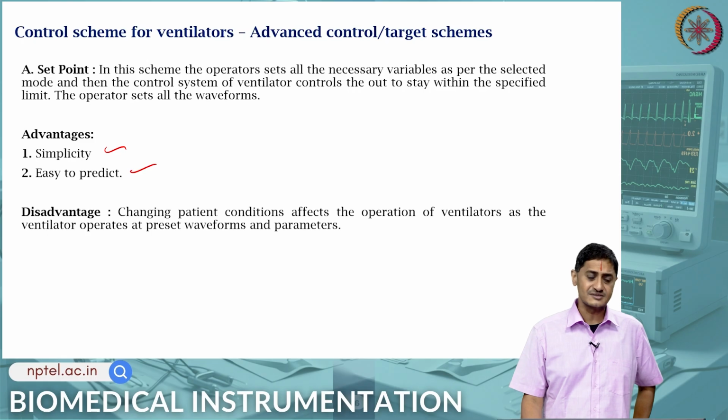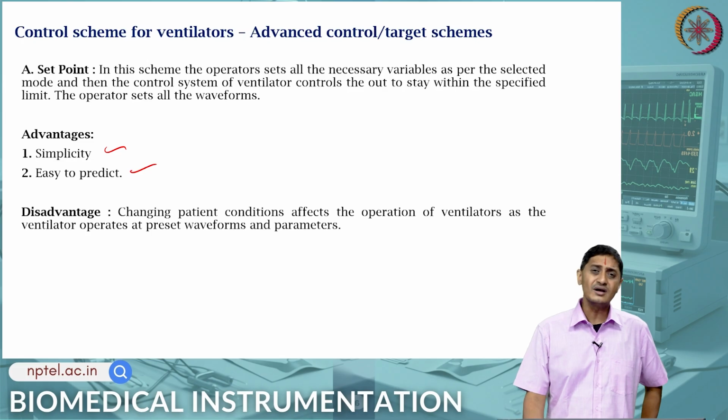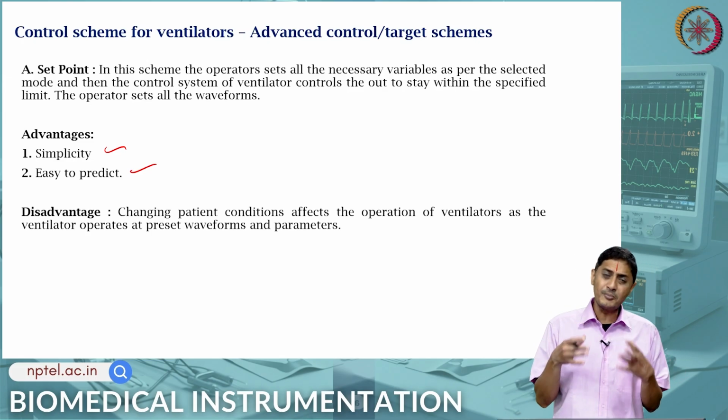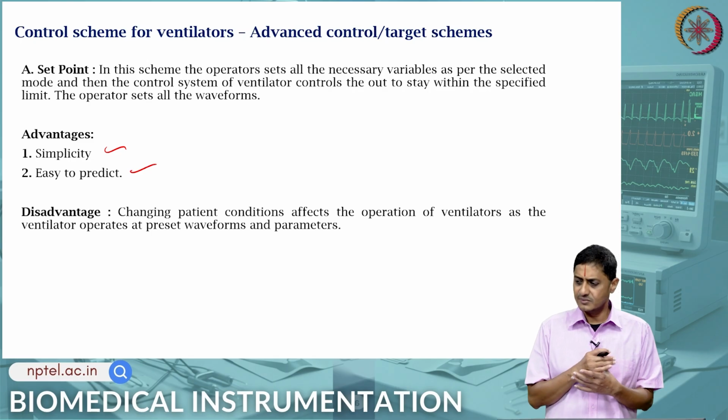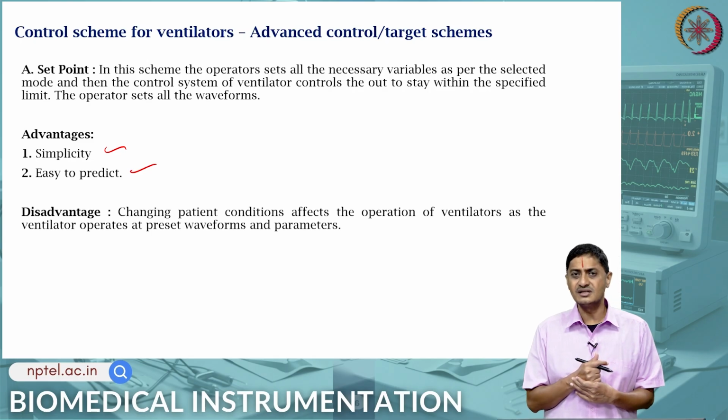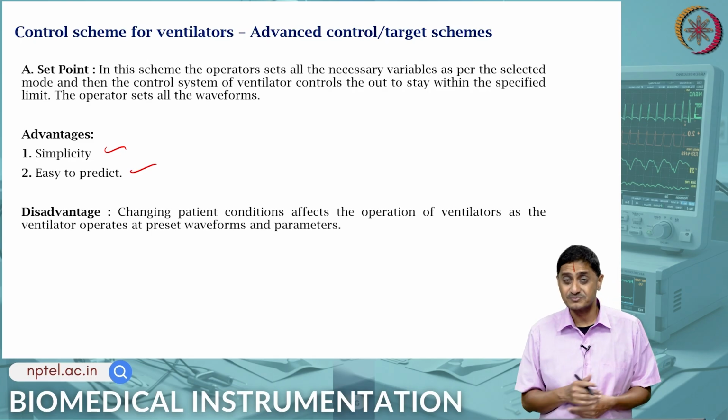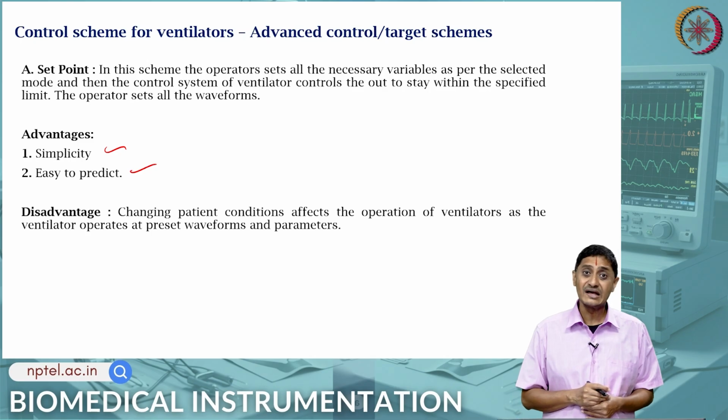What are the disadvantages? The disadvantage is that, depending on the patient condition, because the operator sets the level at a particular condition, the patient may improve or worsen and may need intervention, may need someone to look at that.